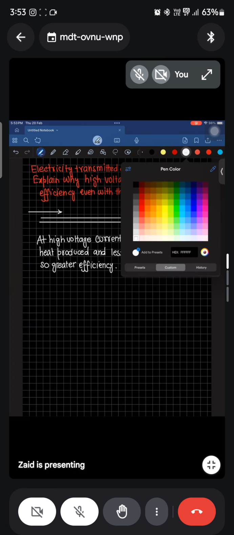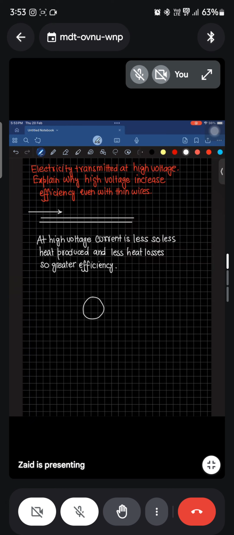I want you guys to write down this answer. All of you must write down first and then tell me what you have written. So this is a conducting sphere with an insulating stand. You have brought a positively charged rod in front of it.